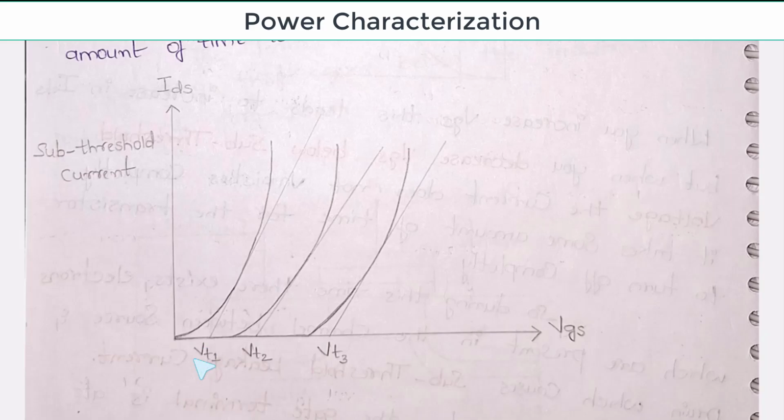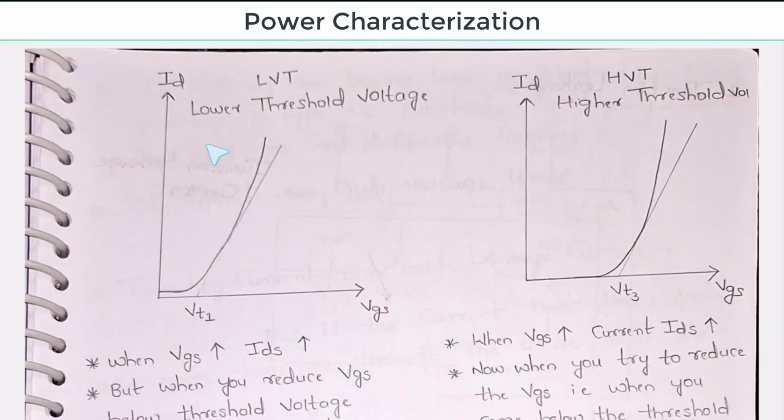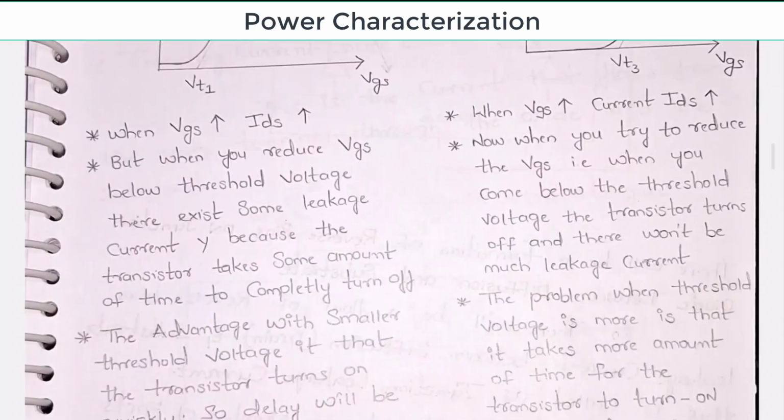Simply you can treat this as LVT, this is HVT, and this is RVT or SVT, regular threshold voltage or standard threshold voltage. So that's what I've given here, lower threshold voltage versus higher threshold voltage. VT1 is lower threshold voltage, VT3 is higher threshold voltage. See here, when VGS is more, IDS will be more, but when you reduce VGS below threshold voltage, there exists some leakage current.